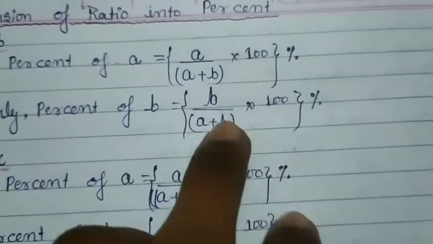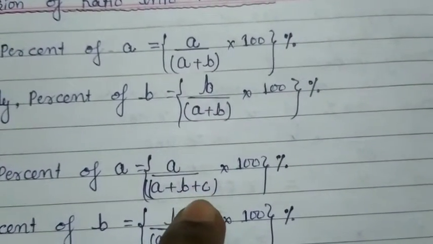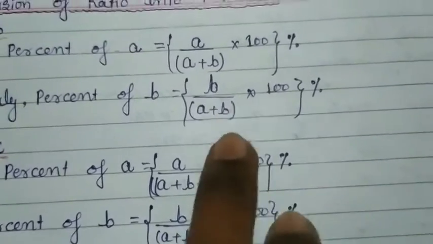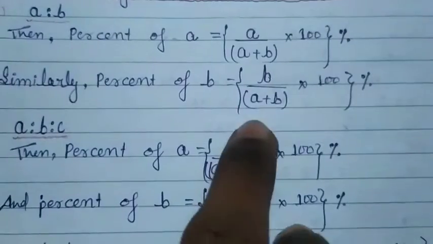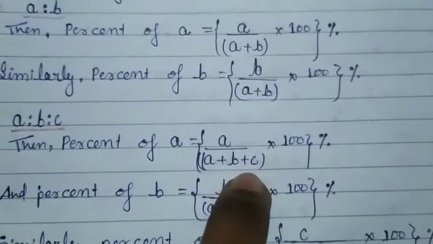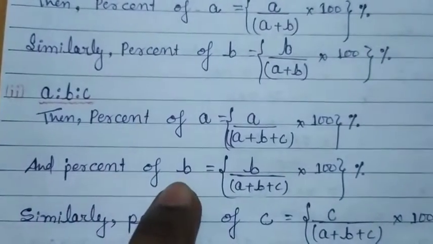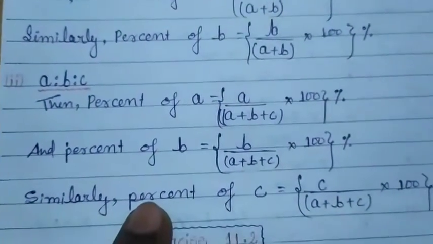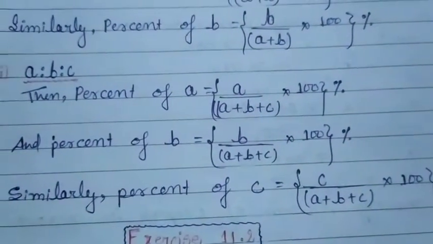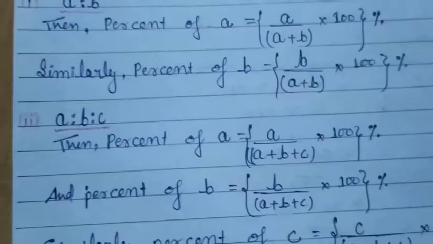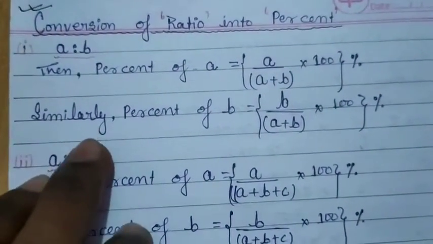Look at both formulae. They are similar. A little change has been done. When the number of terms increases, we also increase the sum. Just like that, percent of B can be evaluated, and the same for percent of C.